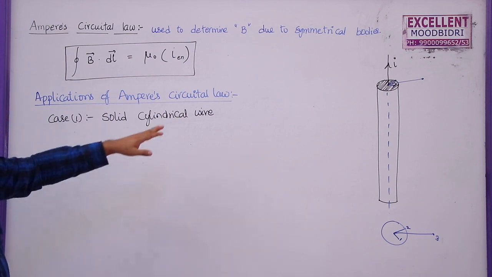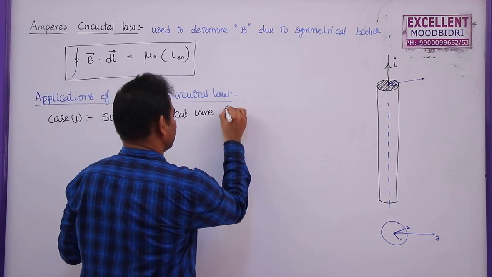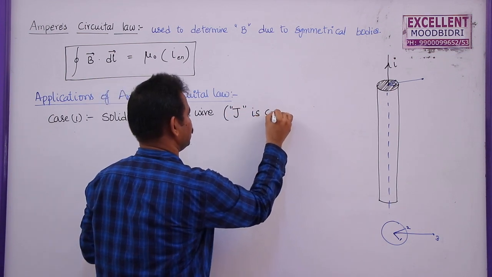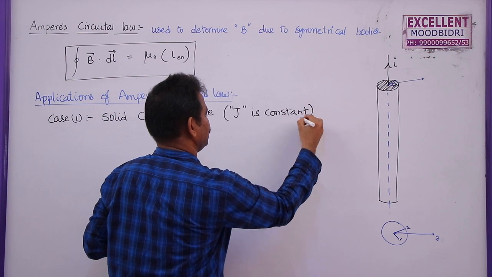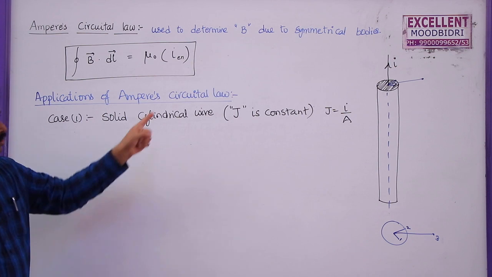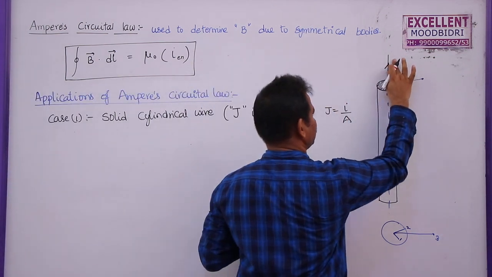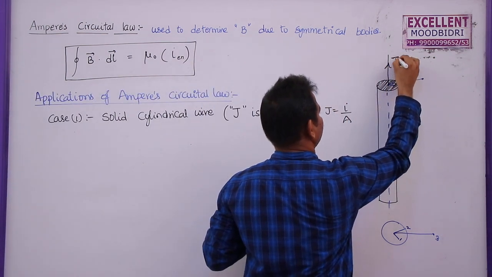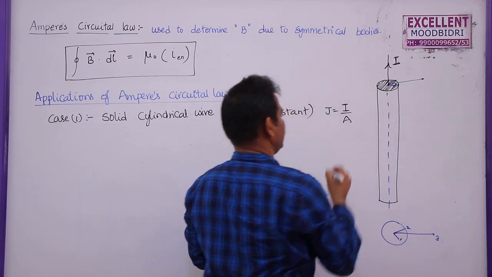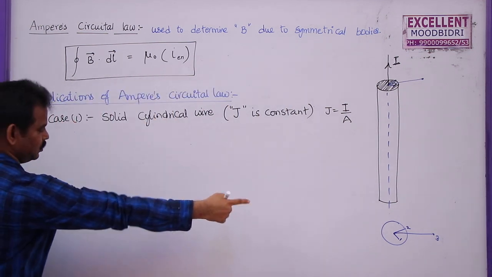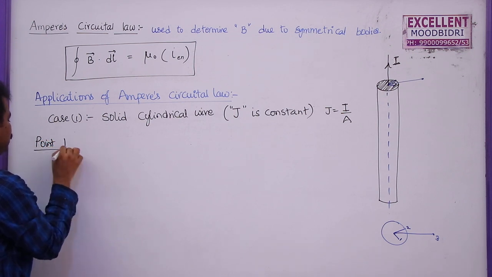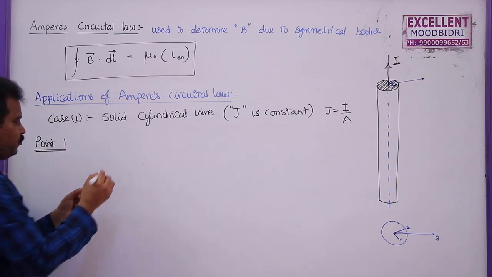Now as the current through this one is constant, that is the current density, we call it J, is constant here. Current density is the current per unit area. Now, what is the total current passing through this wire? The total current is I. Now, first I am going to take point 1.